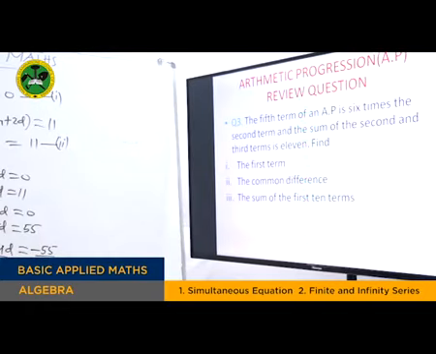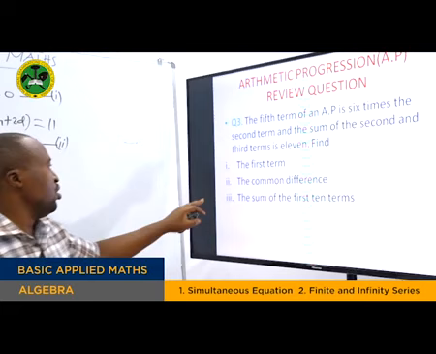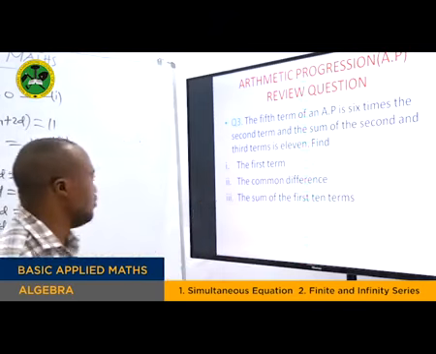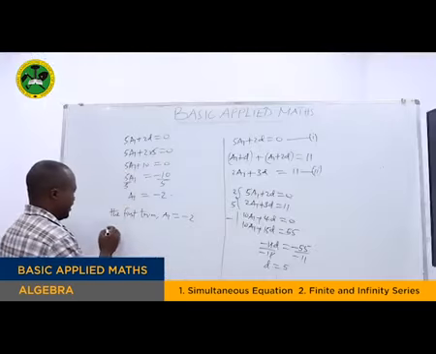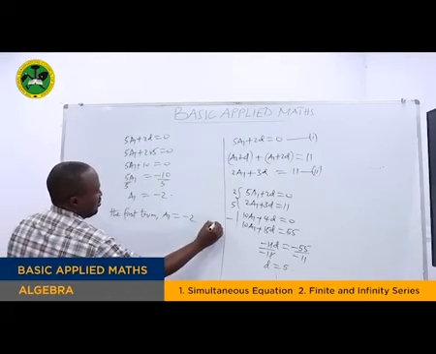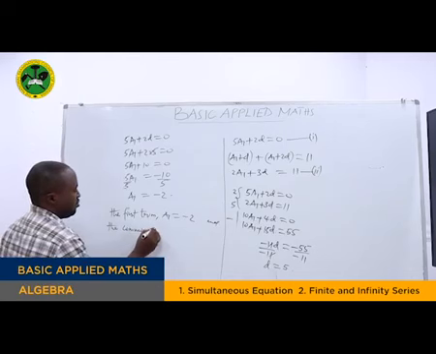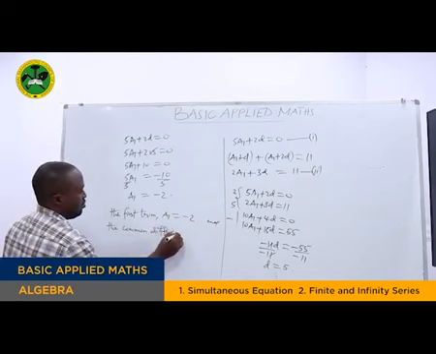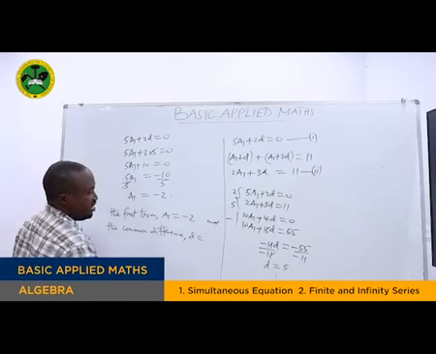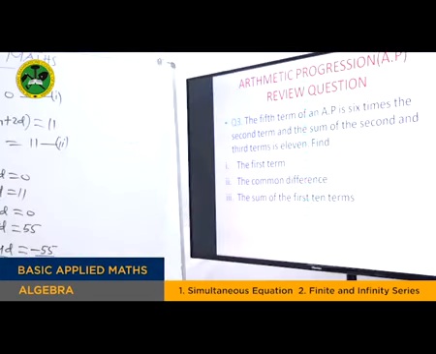So for the first term, we have the first term called a1 is equal to negative 2. But again, we have to find the common difference. So the common difference, called d, is equal to 5.